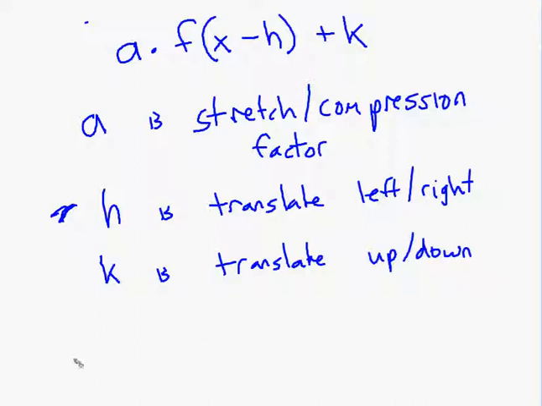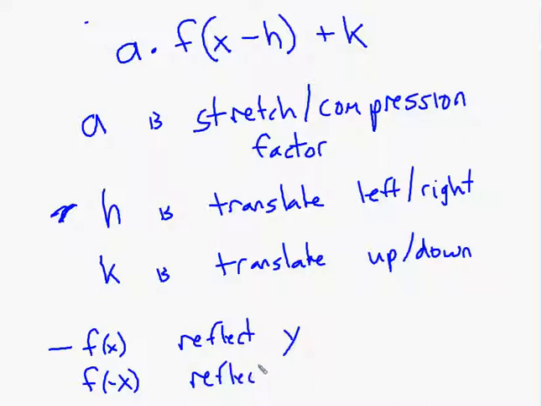Okay, so that's basically what we did. If we remembered, if we did a negative x like that, that's a reflect in y. And if we did f of negative x, did I flip that around? I think this is a reflect in x.